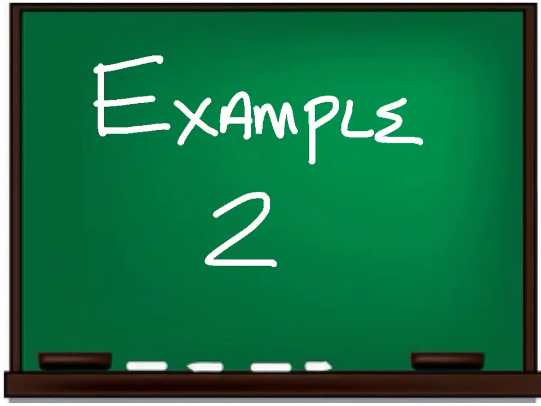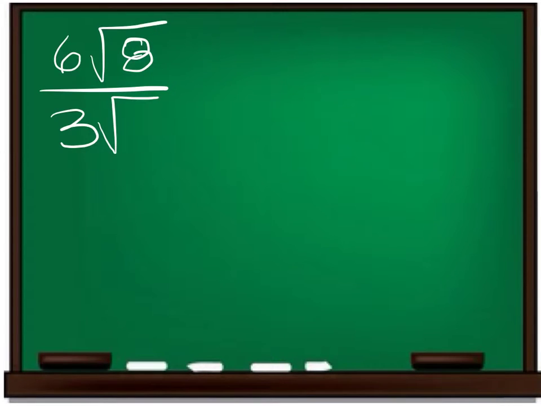Here's example 2. This one is 6 square root of 8 over 3 square root of 4. Now, don't multiply top and bottom by anything until you first figure out if you can simplify something. 6 over 3 can cancel. 6 over 3 is 2. It'll go on top.